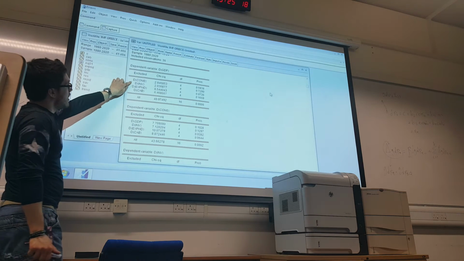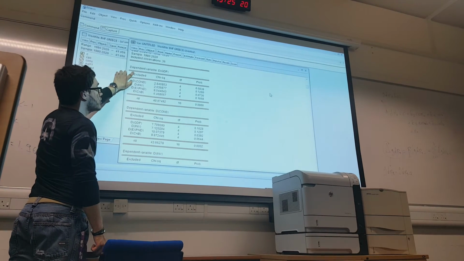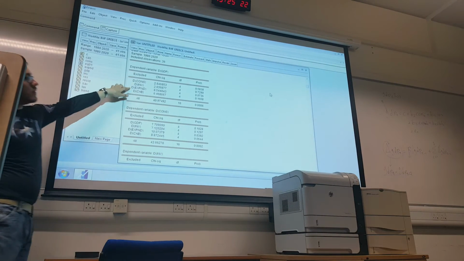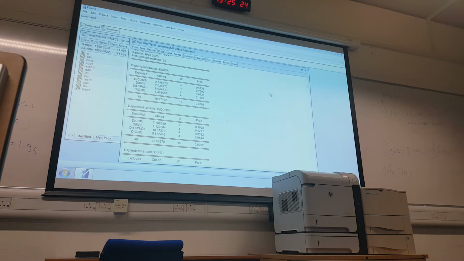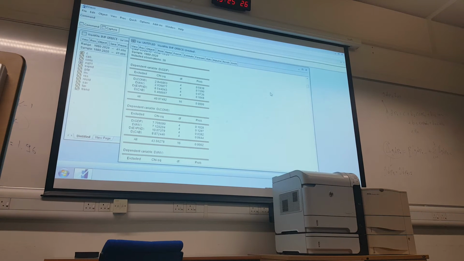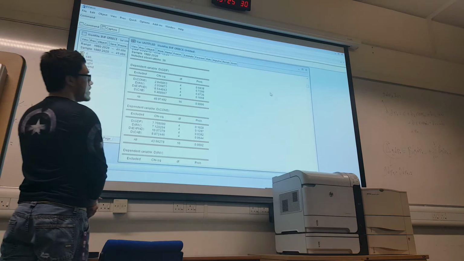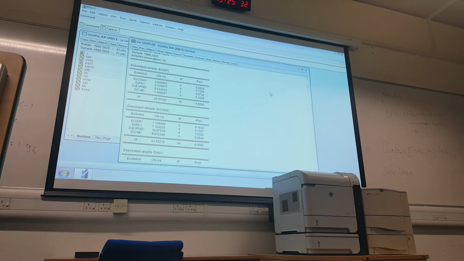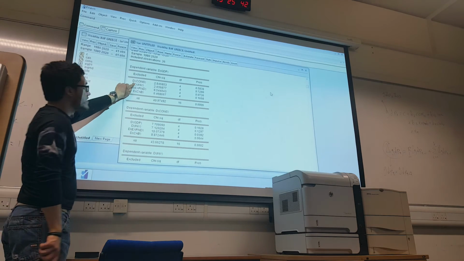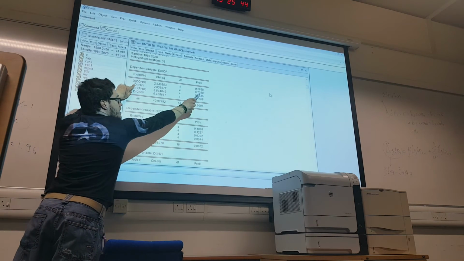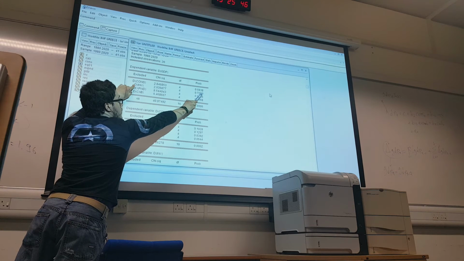Now let's see, is causality running from consumption to GDP? Yes or no? No. Why is that? Because the probability is 0.58. Meaning that we accept the null hypothesis that there is no causation, no Granger causality. Investment. The probability is 0.72.